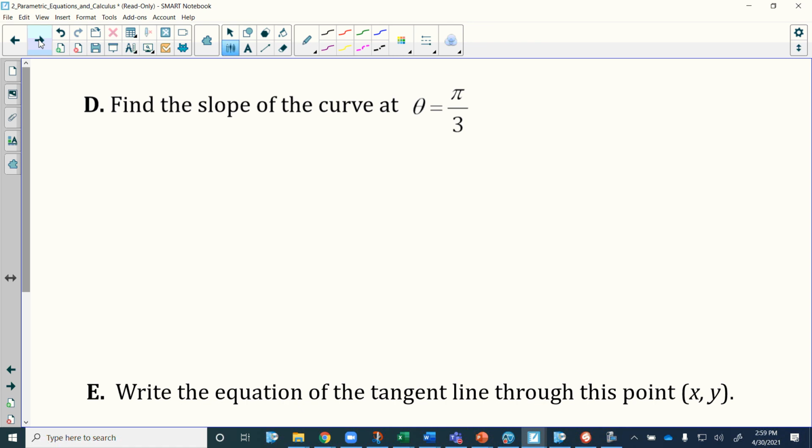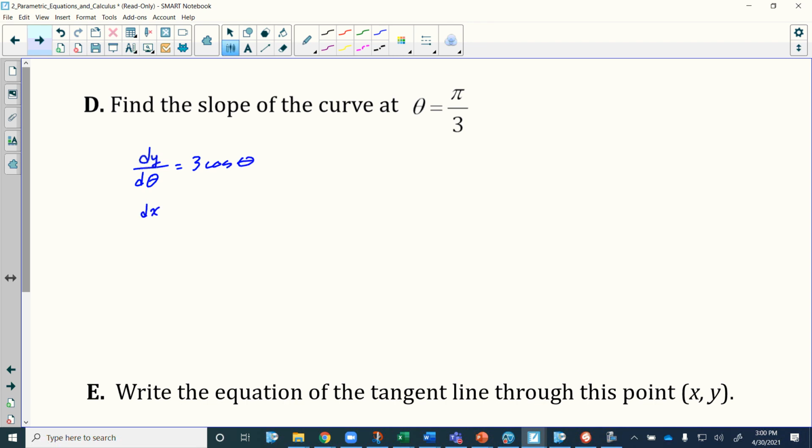So this is where we need that first derivative stuff that we were just practicing. So we're going to say the derivative of y with respect to theta, dy d theta, from our original function, the derivative of 3 sine theta is going to give me 3 cosine theta.